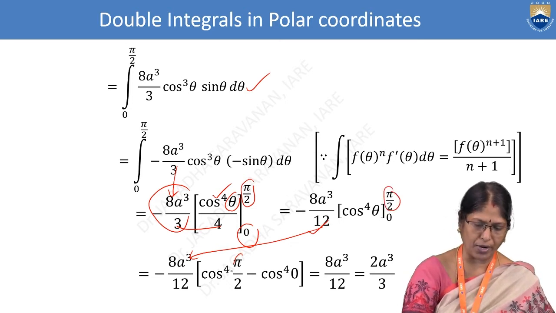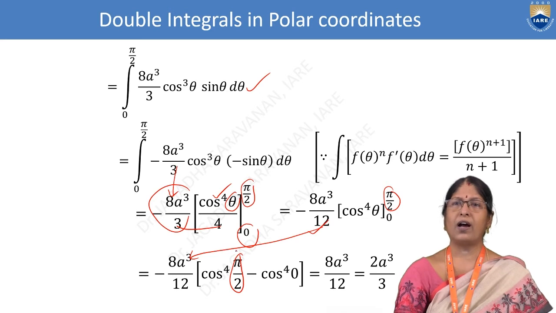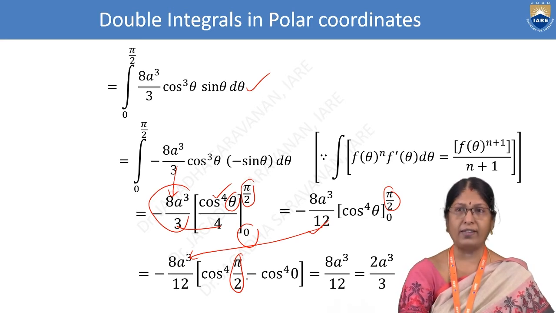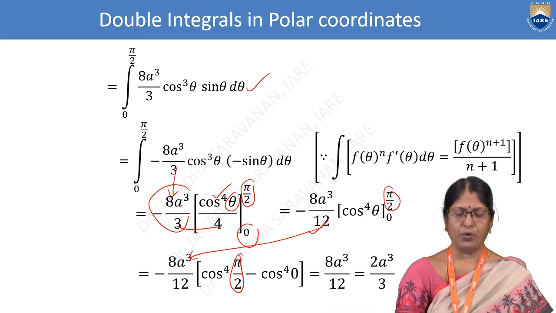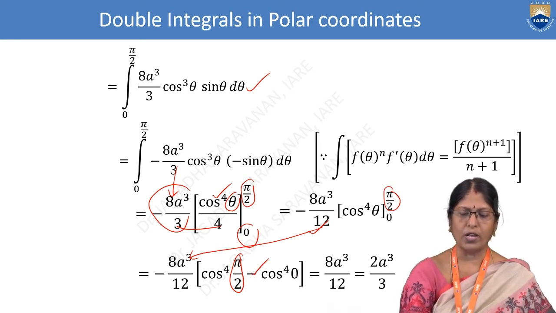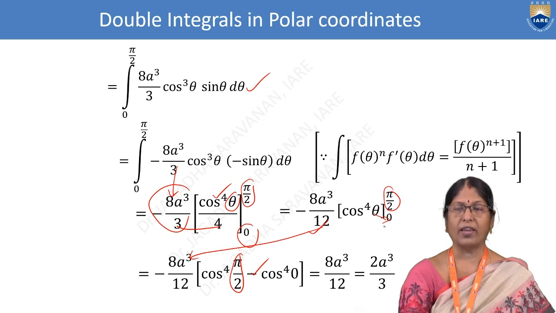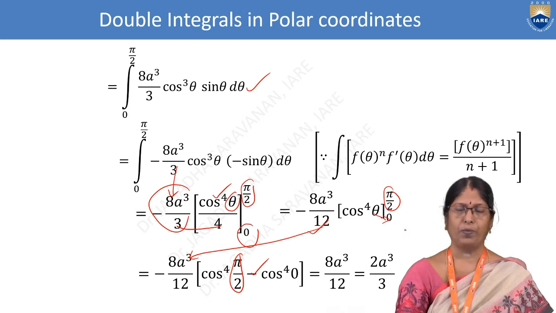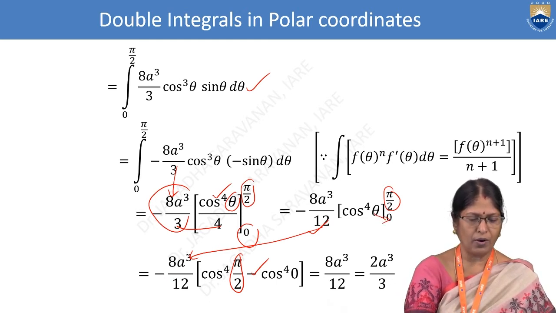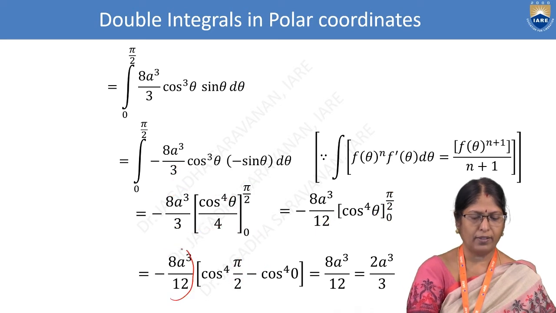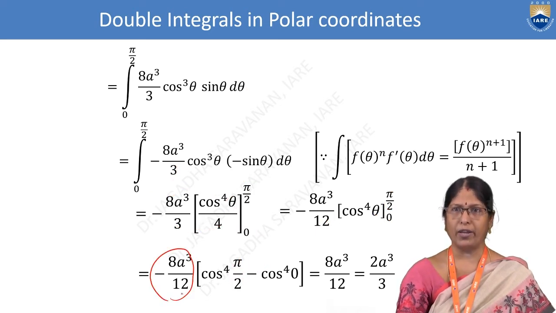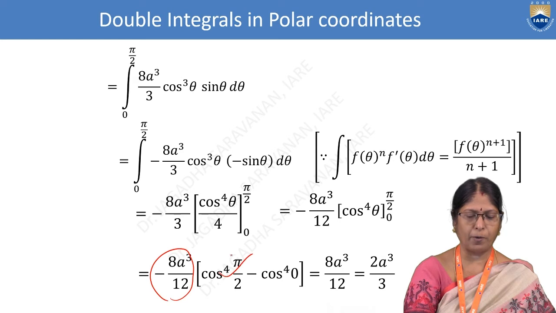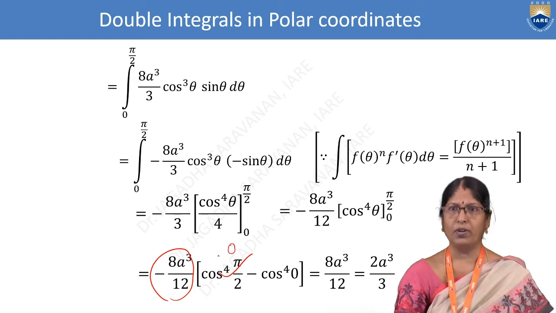We substitute the upper limit: cos power 4 of 90 degrees, pi by 2, minus cos power 4 of 0, where theta takes the value 0. Now here we have minus 8a cubed by 12. This particular place has become 0 because cos 90 is 0.